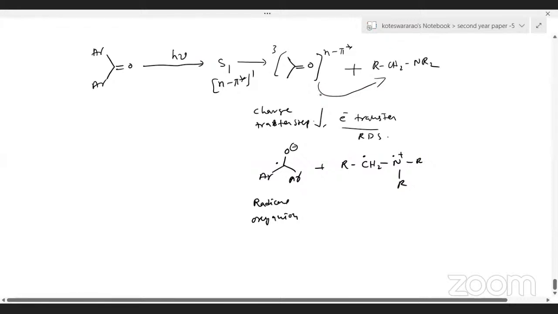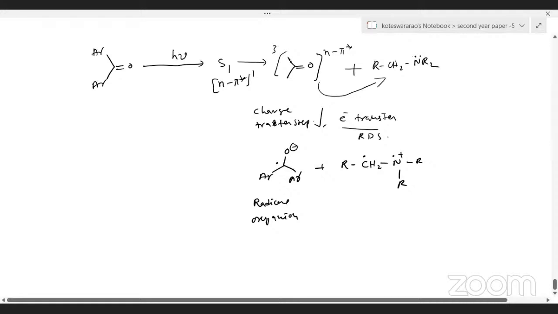Here this arrow indicates not electron transfer but triplet state energy transfer. During that process, for getting stabilization, the electron is taken from this electron donor.